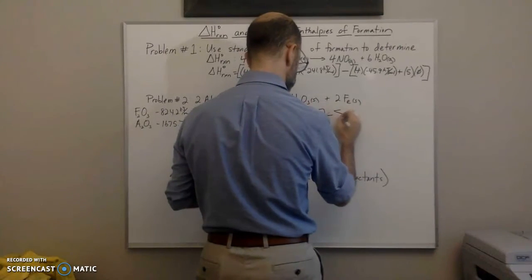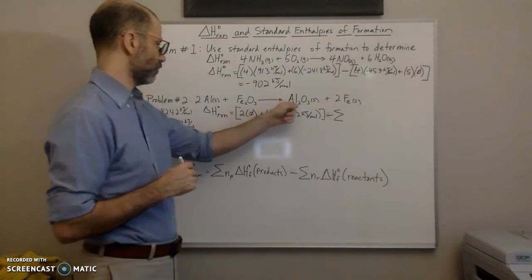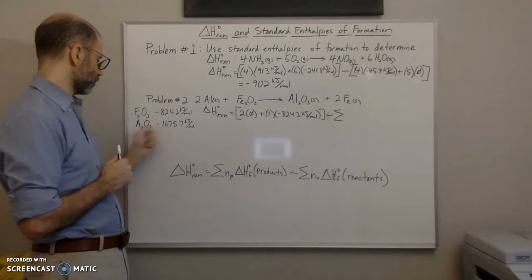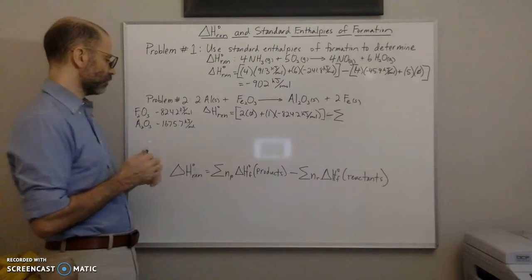Minus, and then we'll do the same thing for these 2 here. The standard enthalpy of formation for aluminum oxide is negative 1675.7.